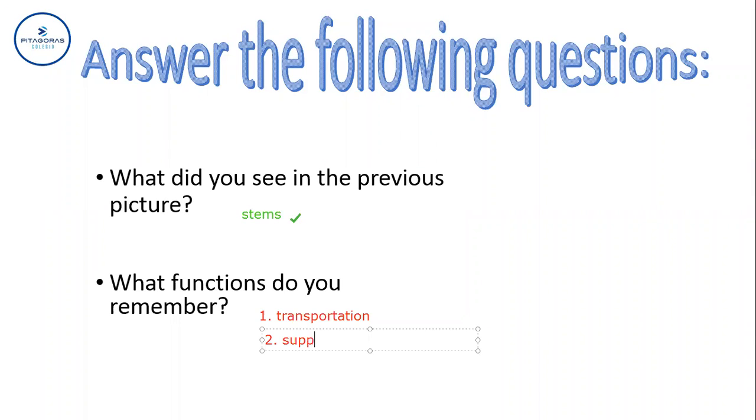Support, good. Support is the second function. Function number 3 is storage, excellent. Storage, food. So these are the 3 functions of the stem: transportation, support, and storage, food. Great, good job, my dear students. You are doing so well.